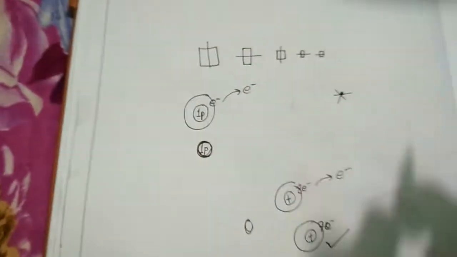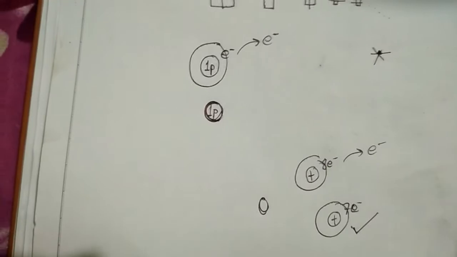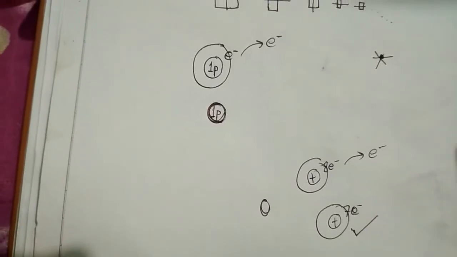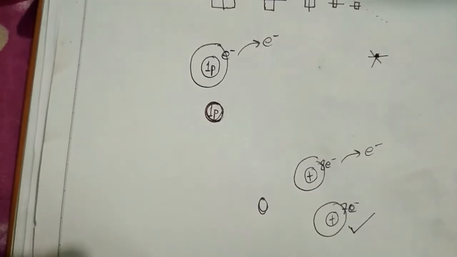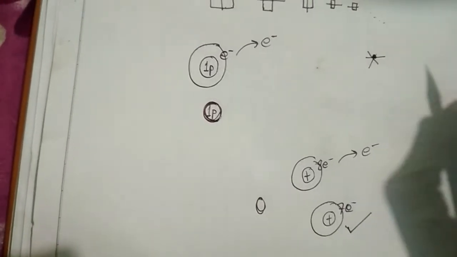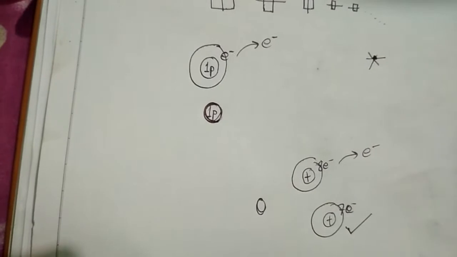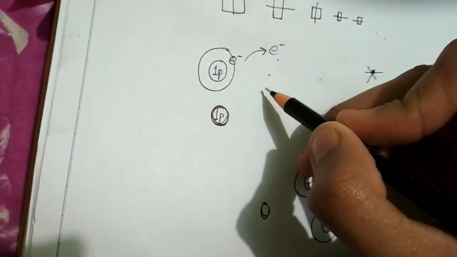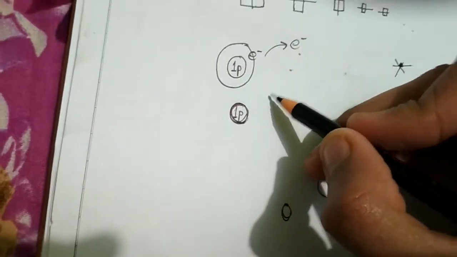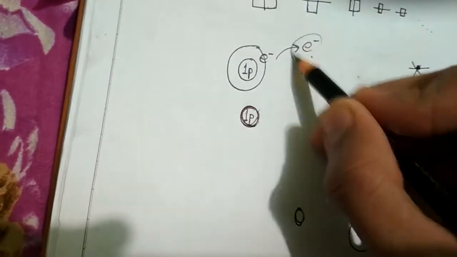Before the discovery of protons, J.J. Thomson in his atomic model had already stated that the atom is electrically neutral, and electrons were discovered before protons. Scientists knew that hydrogen contains one electron.